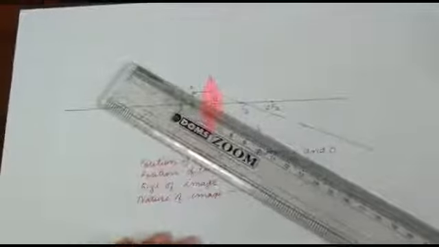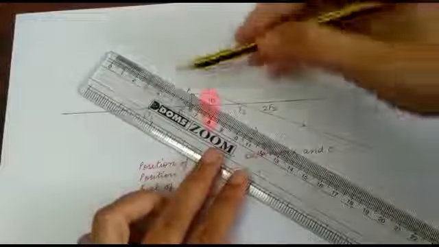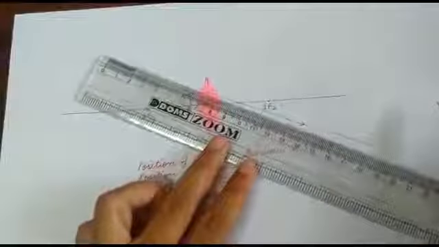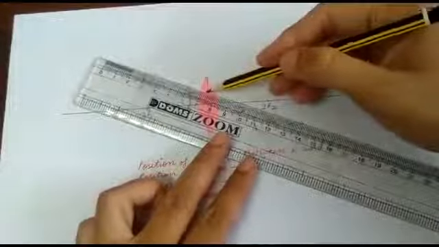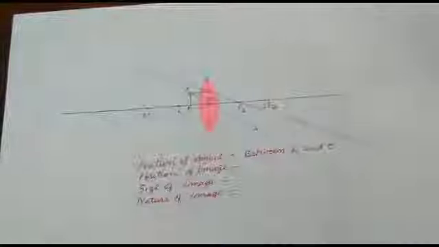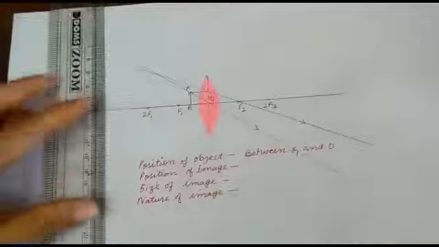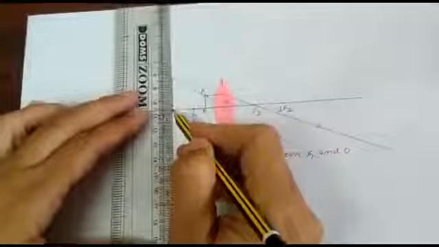If we extend these refracted light rays backward, here is a point where these light rays meet each other. Where these light rays meet, the image will be formed over here.